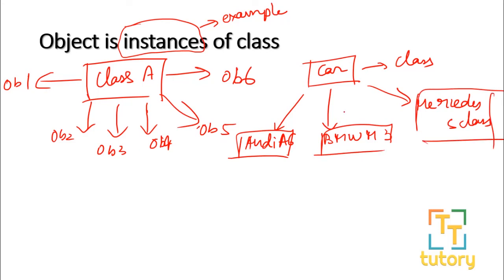So the attributes and behavior which are defined in this class will be shared by all these objects. So we can say that Audi A6, BMW M3 and Mercedes S-Class are instances of the class car. I hope you have got why objects are known as instances of a class. Instance simply means example. So when we are creating an object of a class, we are inheriting all the data members and member methods of that class in that object, so that object becomes an instance or an example of that class. I hope you have understood what object is instance of class means.